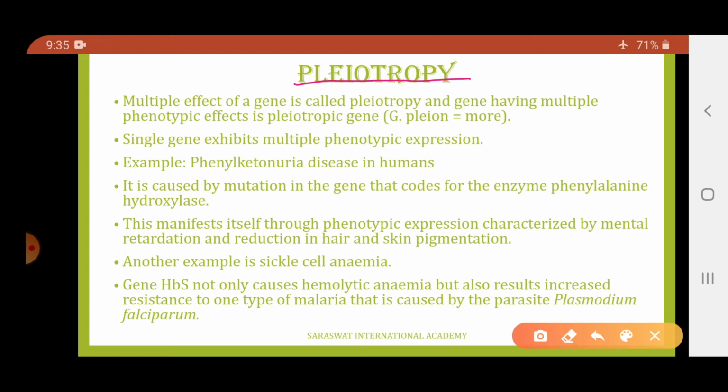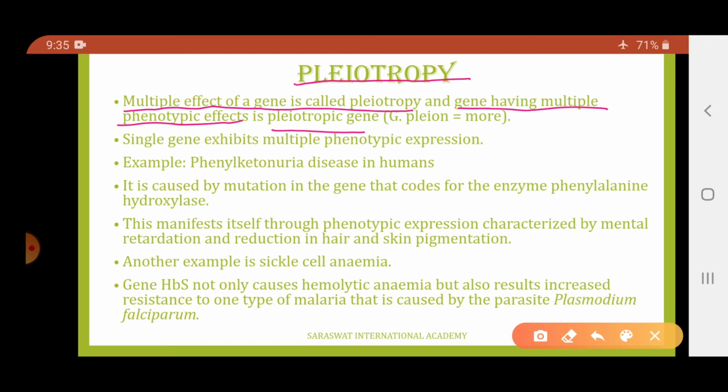What is that condition called as? It is called as the pleiotropy. So we will see the definition. Multiple effect of a gene is called pleiotropy, and such gene which have multiple phenotypic effect, what is that gene called as? Pleiotropic gene. So both the conditions are opposite.